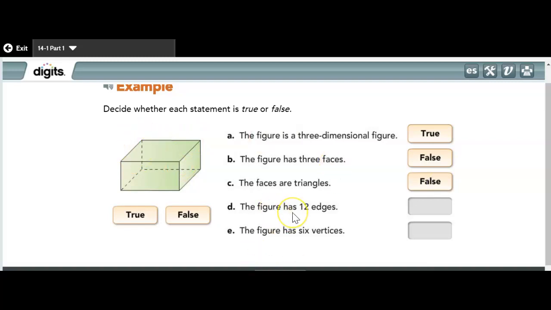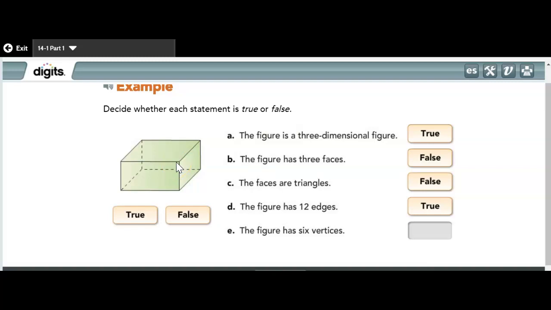The figure has 12 edges. That is true. You can count them in the back, 1, 2, 3, 4. In the middle, 5, 6, 7, 8. In the front, 9, 10, 11, 12.